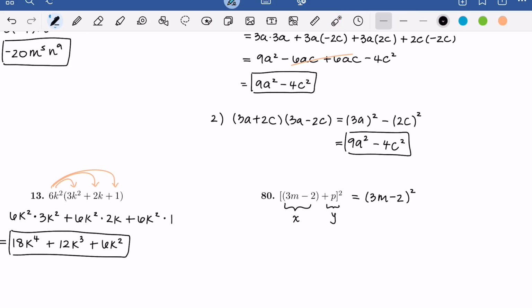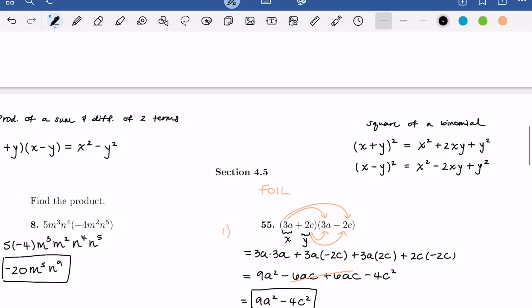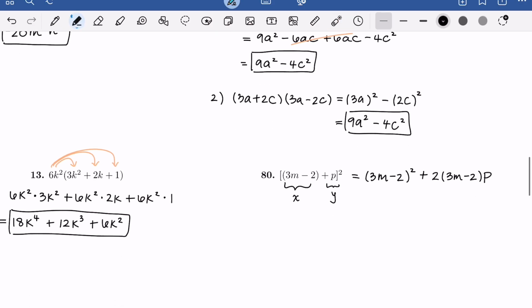So this is going to be 2 times our x, which we're calling 3m minus 2, times our y, which is going to be p. And then lastly, we're going to take our second term in this binomial and square it. So that'll be p squared.